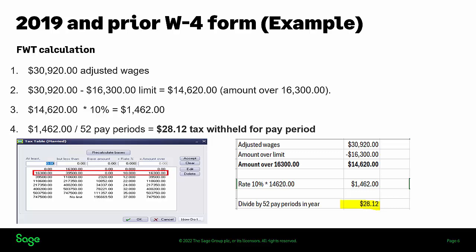So we take the $30,920 of adjusted wages, we subtract the $16,300 limit, and that equals $14,620. We then take that amount times 10%, the rate, that's $1,462. Our employee is paid weekly, that's 52 pay periods in the year, so we divide the annual withholding by the 52 pay periods, and that's $28.12 of tax withheld for the pay period.